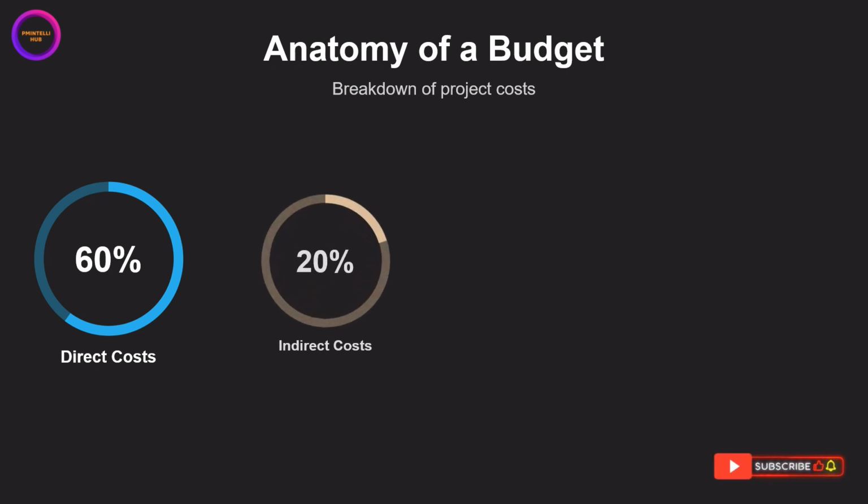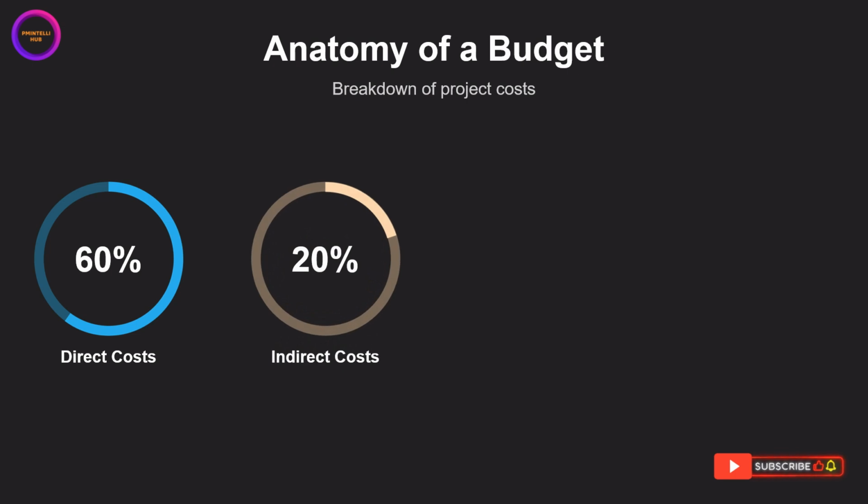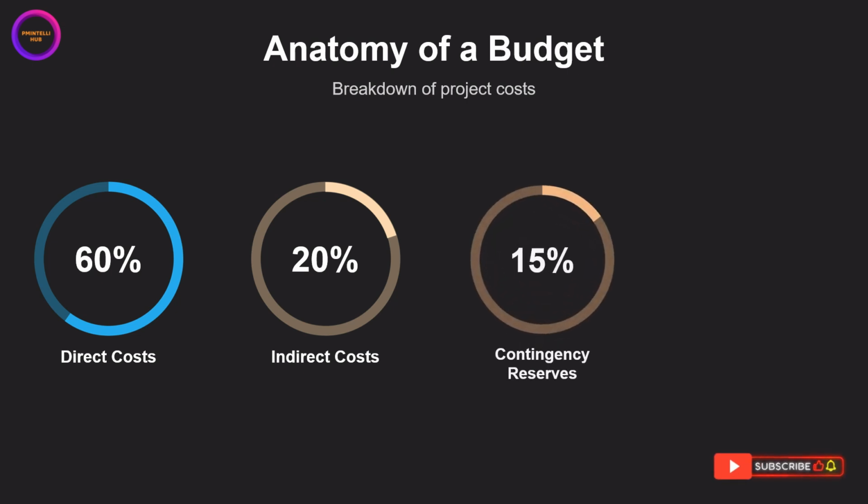Indirect costs, shown here at 20%. These are shared costs necessary for the project but not tied to a specific task, such as office utilities, administrative salaries, or general overhead. Contingency reserves, making up 15% of this example budget, this is a critical component.